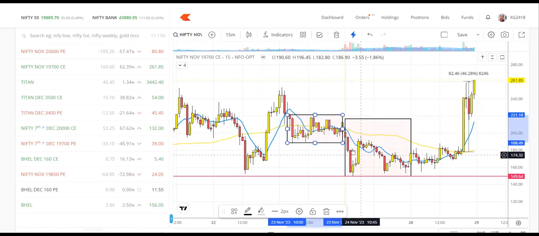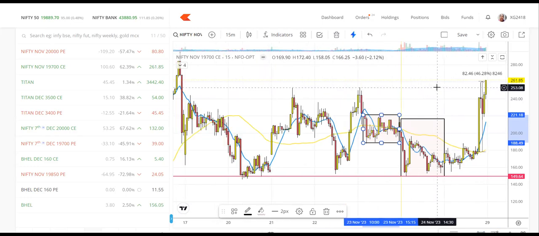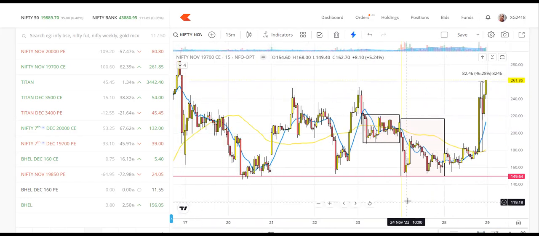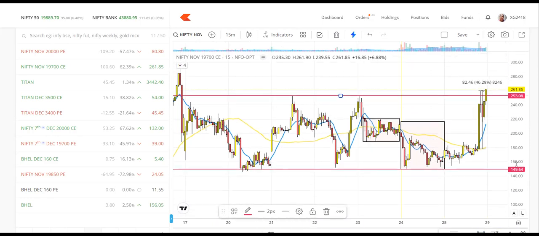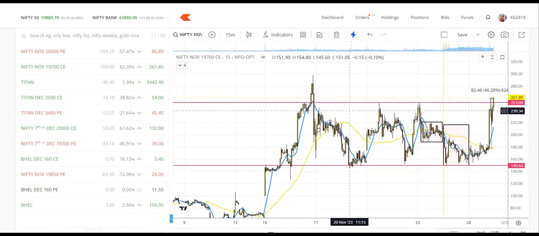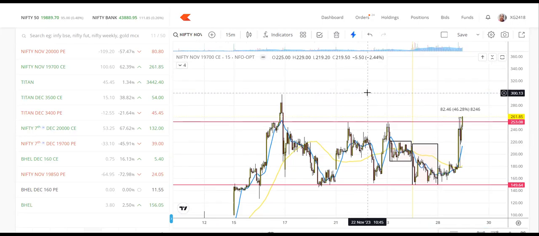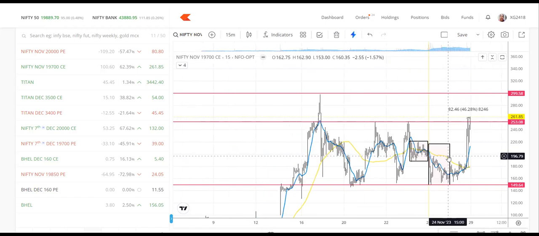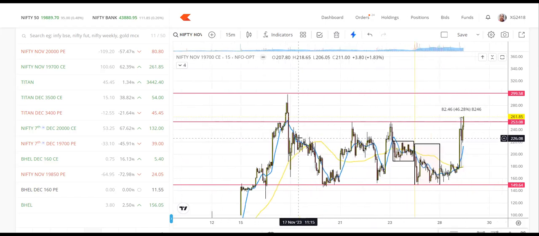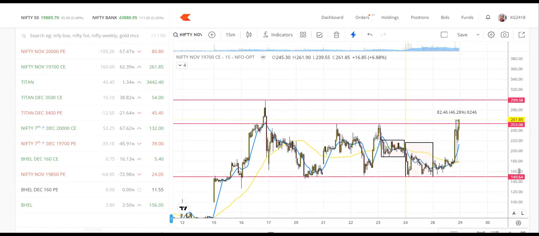The range came down and it took off this range. Now it has taken off this range, this call option, and it is moving towards this 300. You need to watch what will happen around 300, whether it is going to take out the 300 or whether there will be a sell-off.